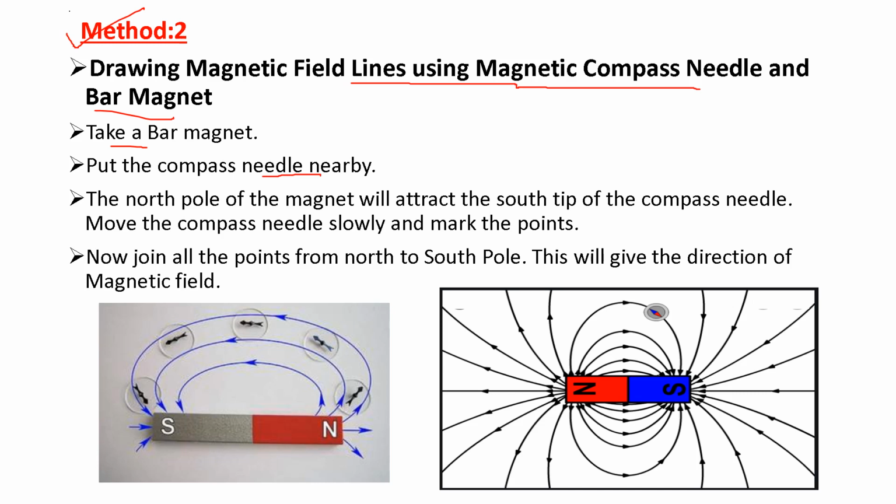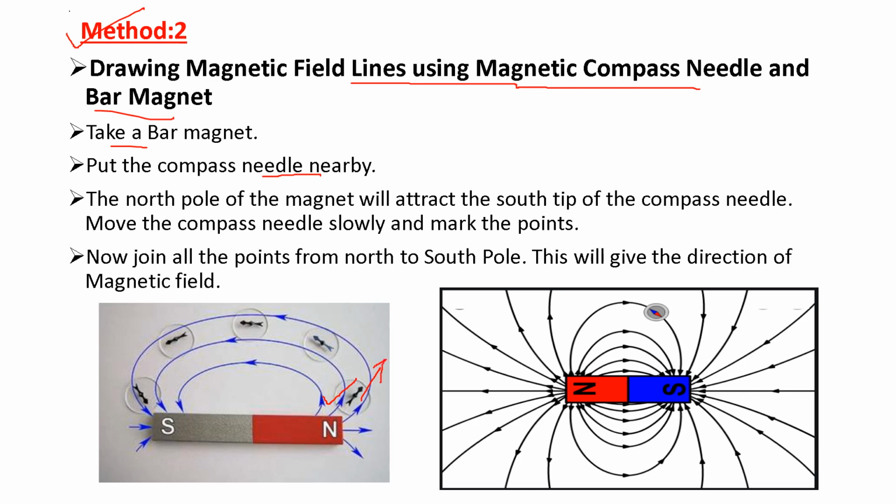For example, see here, this is the first position where the magnetic compass has been placed. As we know, like poles repel and unlike poles attract each other, so the north pole of the compass needle will point away from the north pole of the bar magnet. Here we can see the direction of the needle.